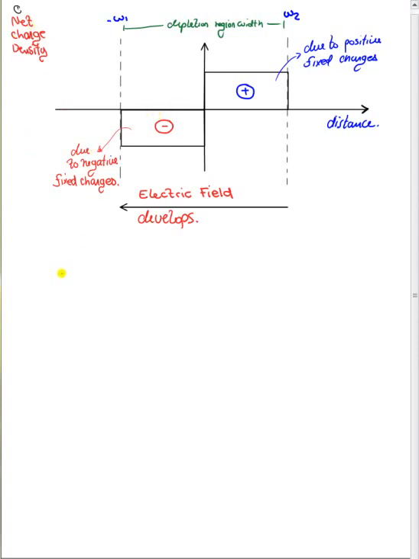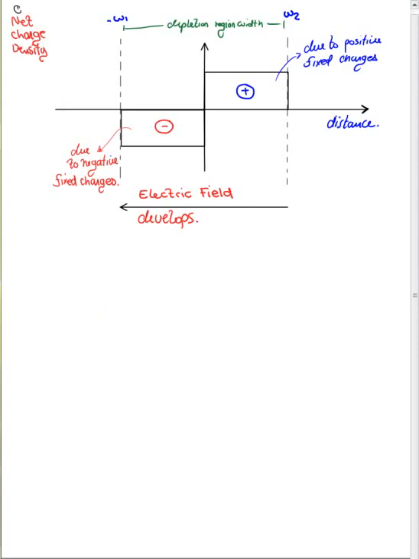As you can see, there is a negative charge density to the left of the junction, because we got those negative fixed charges, and we have a positive charge density to the right of the junction due to the positive fixed charges, right? And then, as you can see here, an electric field develops from the positive side, from the right side, which has the positive charges, over towards the left side, which has the negative charges, which is normal.